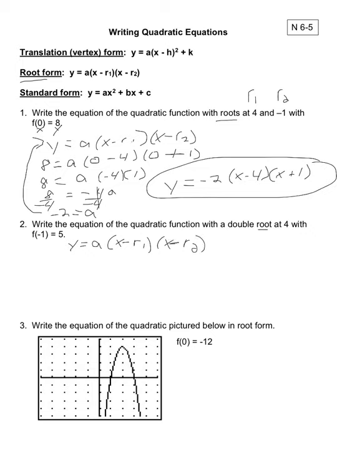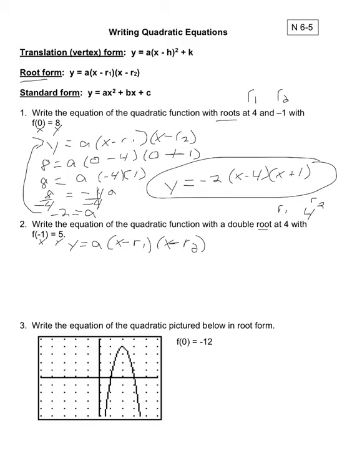Okay, a double root means twice, so it's two of the same thing. So 4 and another 4. So I've got root 1 and root 2 being the same root. Again, labeling my f of negative 1, which is x and y. Now I'm ready to plug them into my equation and solve for my a.